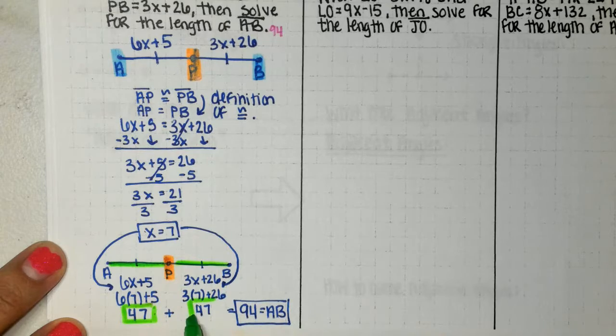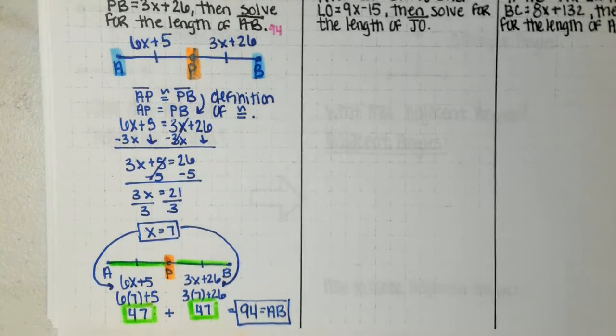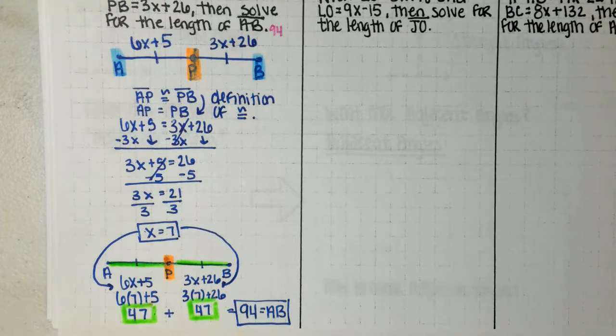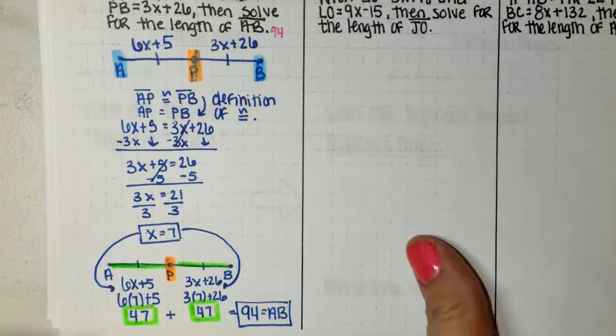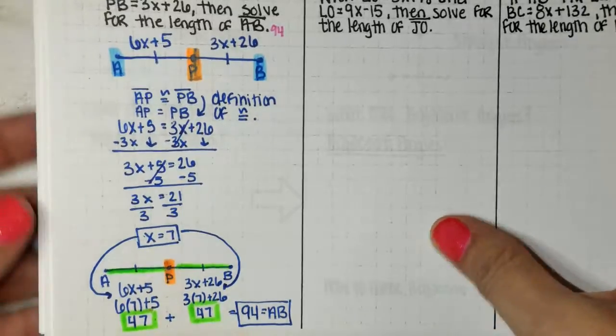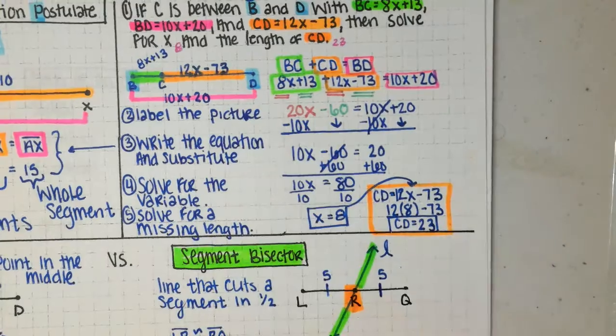PB also gave us a length of 47. I made them the same color because they are the same value. So notice how this problem is slightly different from segment addition. In this problem, we're setting the values equal to each other because they are equal. Whereas up top, we added the two segments together to equal the whole thing.